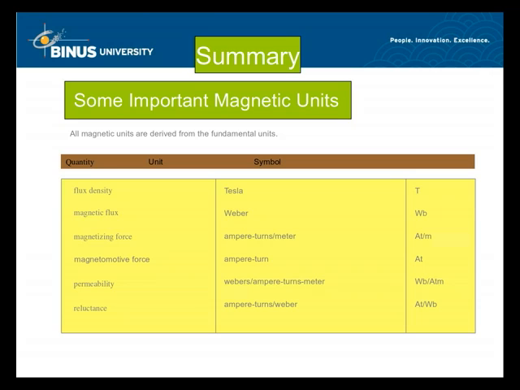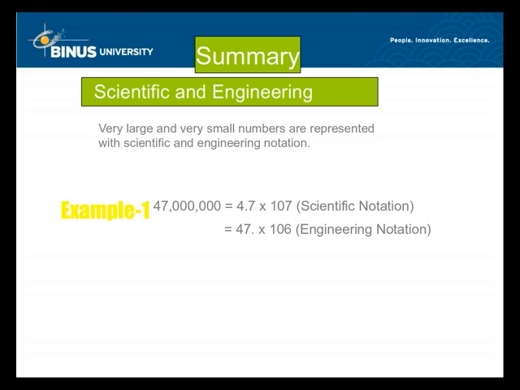Now we're talking about scientific and engineering notation. Let's look at the example. 47 million is written in scientific notation as 4.7 times 10 to the power of 7, while in engineering notation it is written as 47 times 10 to the power of 6.